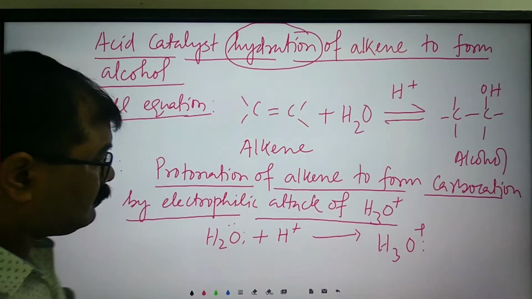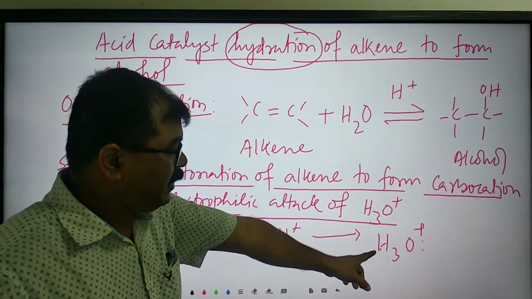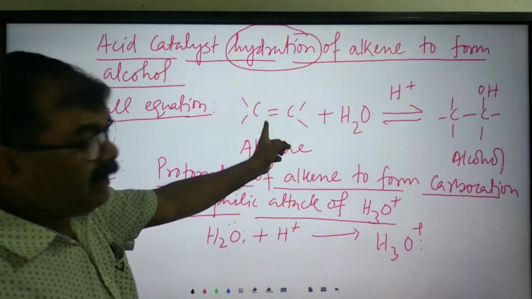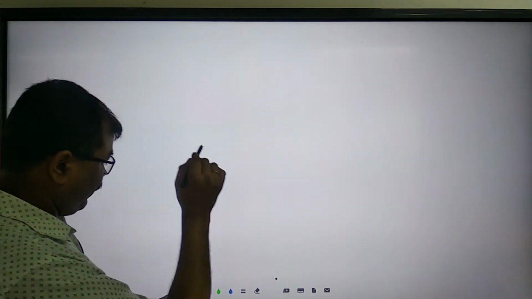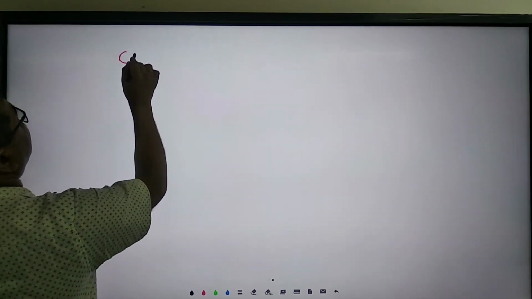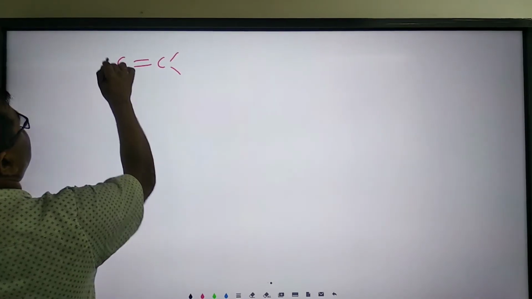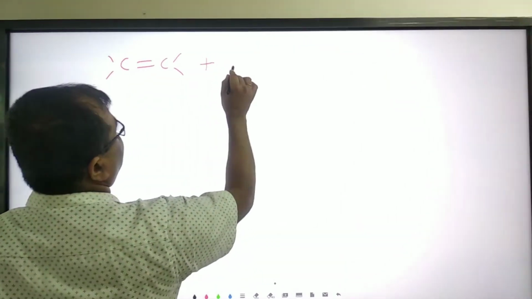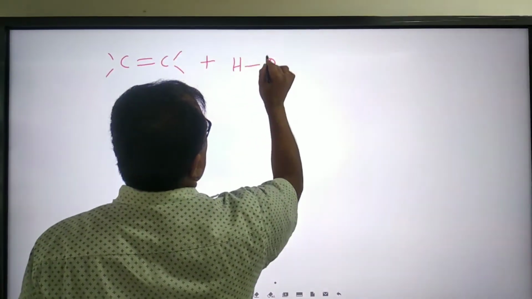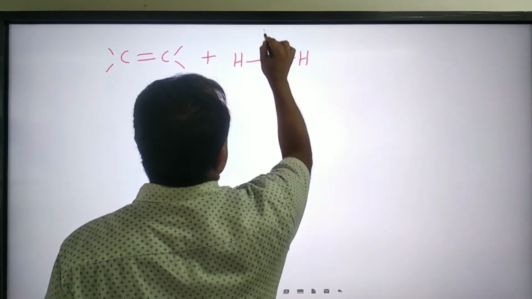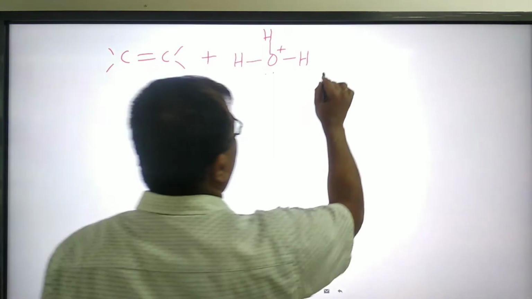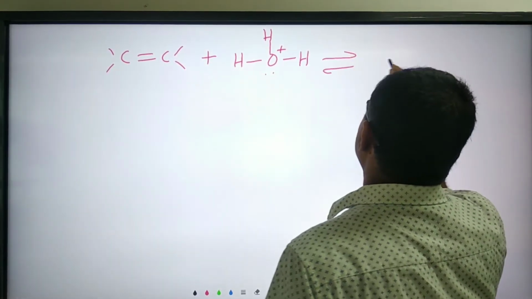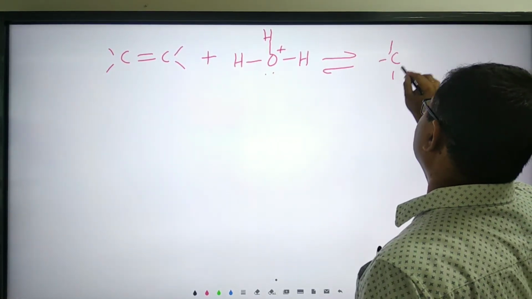Now, this hydronium ion will attack the alkene. Next, alkene will be attacked by hydronium ion to form carbocation.